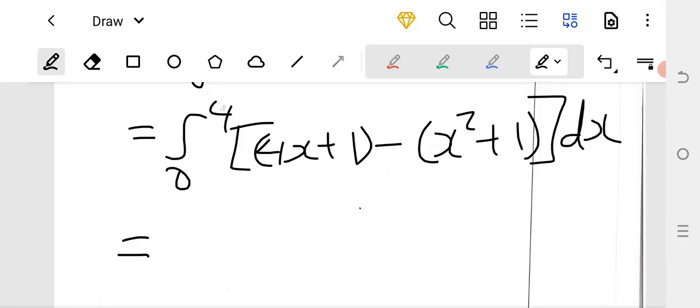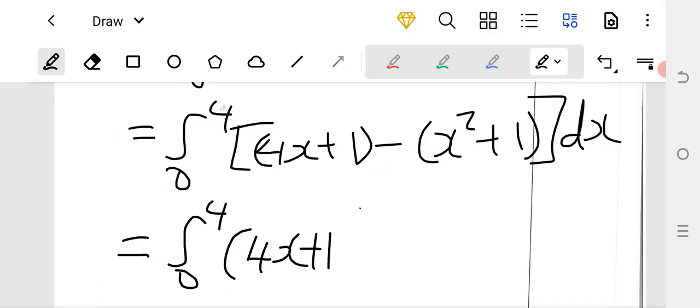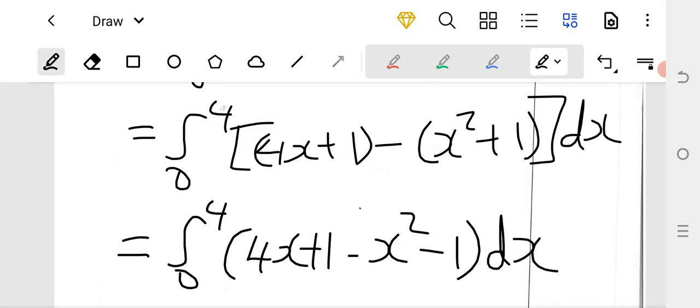This is equal to the integral from 0 to 4 of 4x + 1 - x squared - 1 dx.